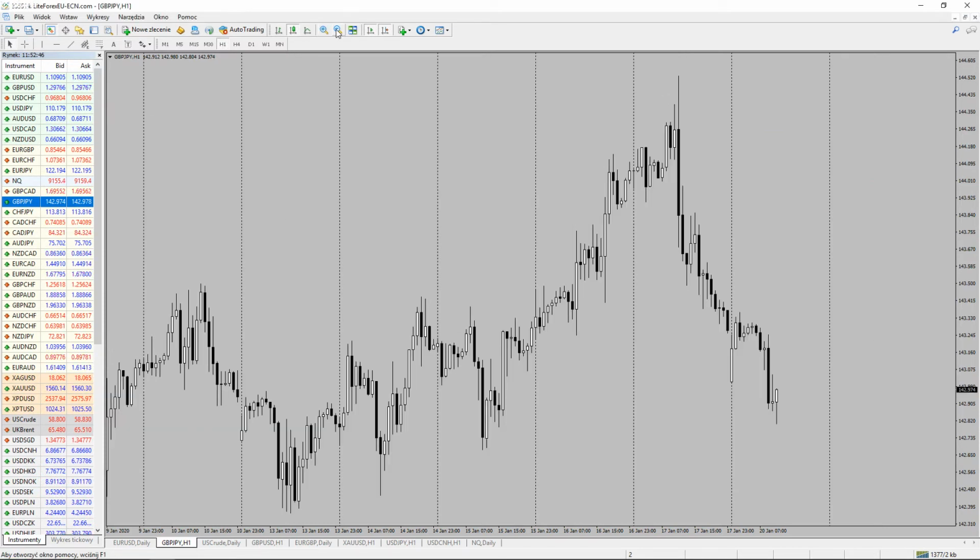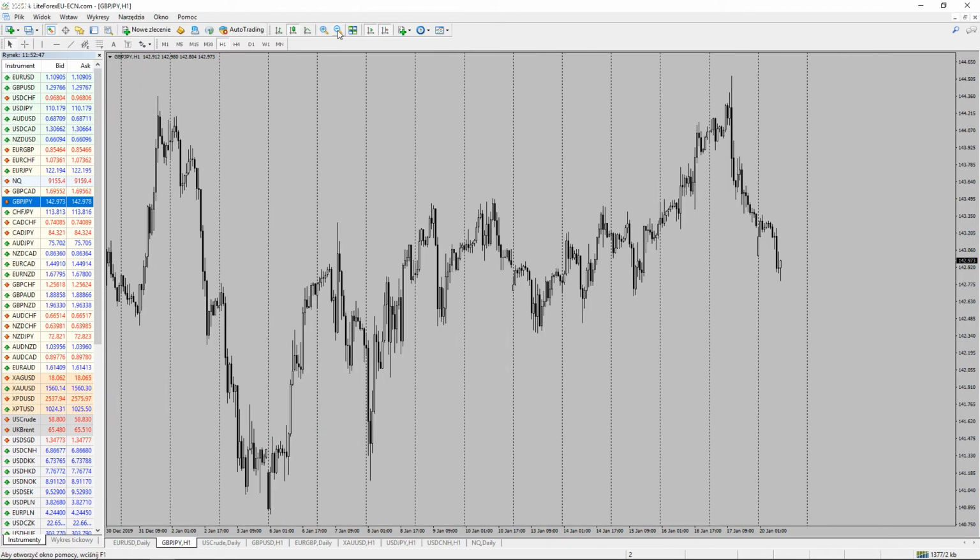But if you are a bull, then I would say a little bit of patience is needed. 142.50, taking into consideration how many times the price reacted here, and that the market may want to look for some liquidity just under 142.80.